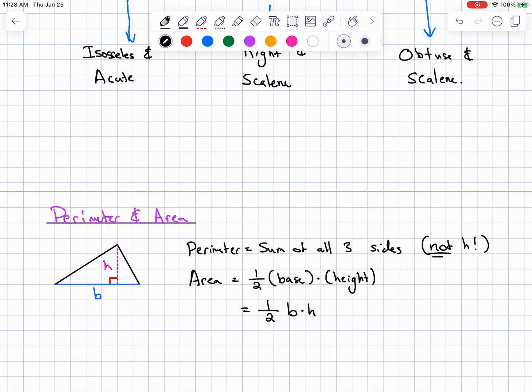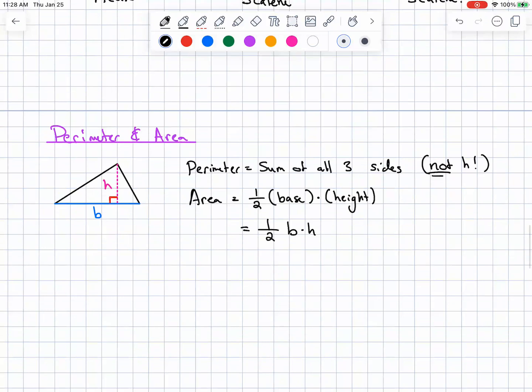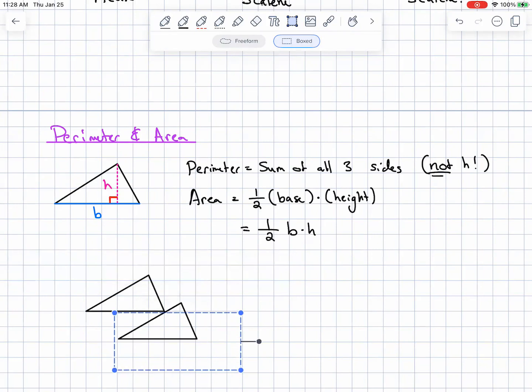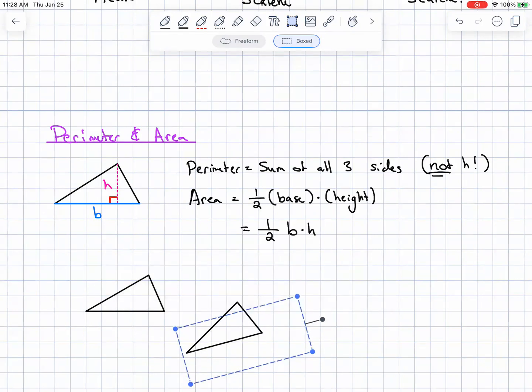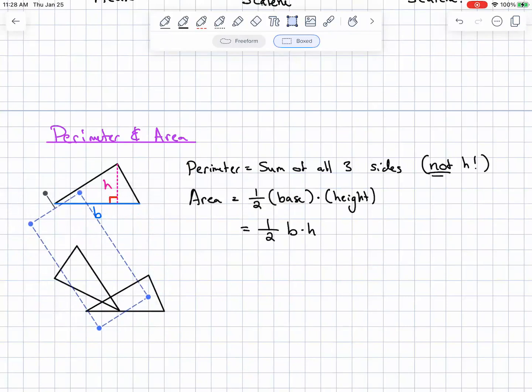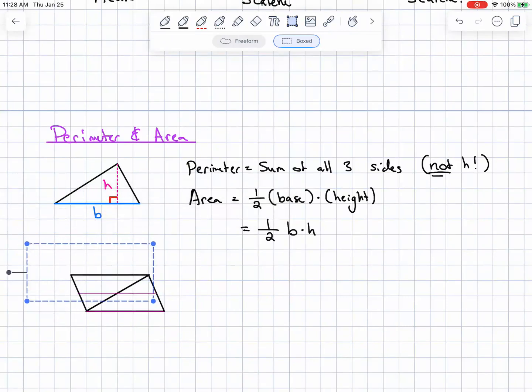Now, just while people are writing it down, I'm going to show you the reason why the area is 1/2 the base times the height. So I'm not sure if anybody showed you. Pretty cool. But if I took this and I duplicated it, I have two triangles, and what I could do is I could fit them together like that.